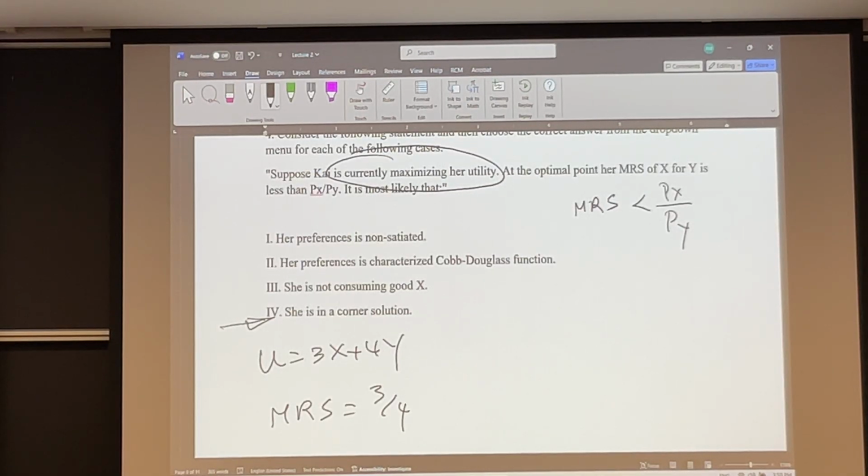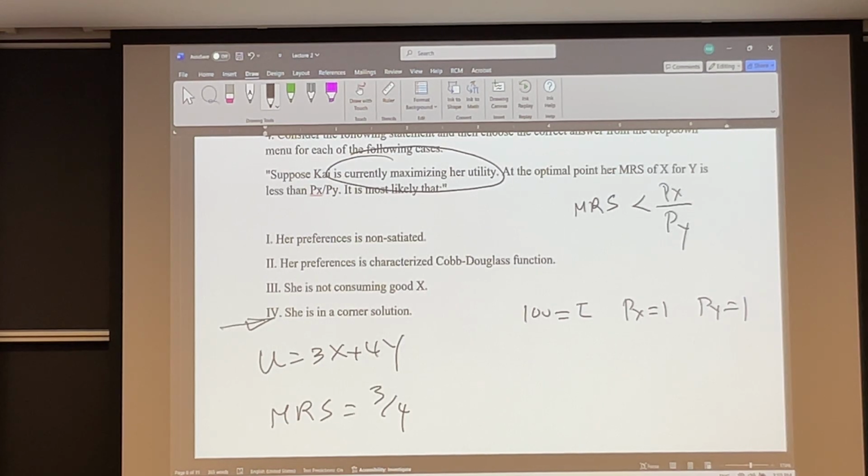That's the MRS. Suppose James has $100, the price of X is 1, and the price of Y is 1. The MRS is 3 over 4 and the relative price is 1. What does he do?